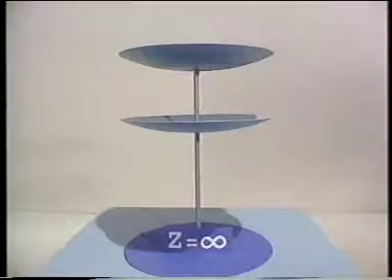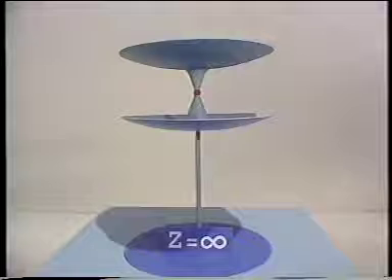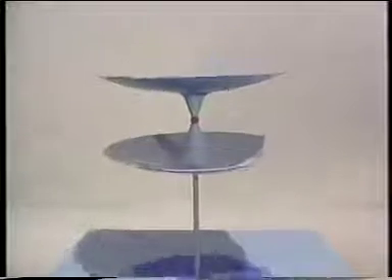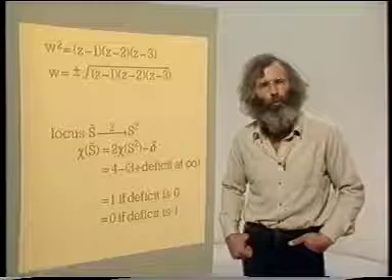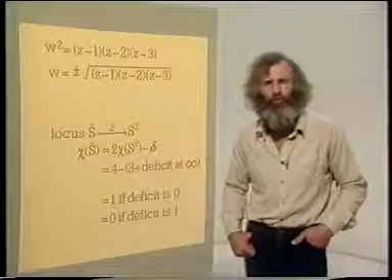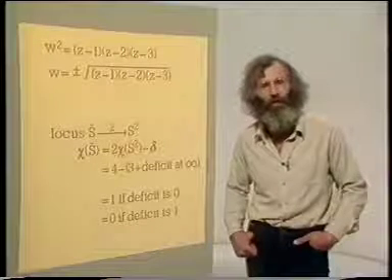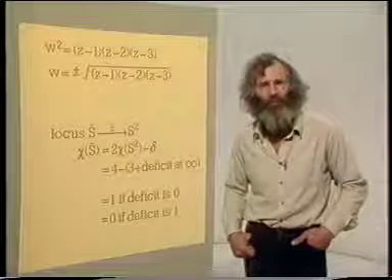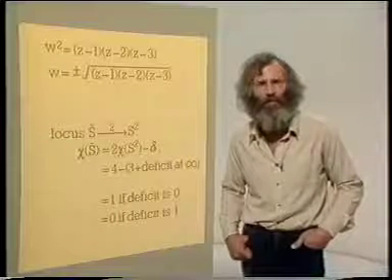But actually, there's a third possibility. There could be a pinch point at infinity. So which of the 3 possibilities is it? Well, we could use our algebraic trick of taking a new variable, z tilde equals 1 over z, and so on, but we can get the answers much more simply by using our theorems to study the 3 possibilities.